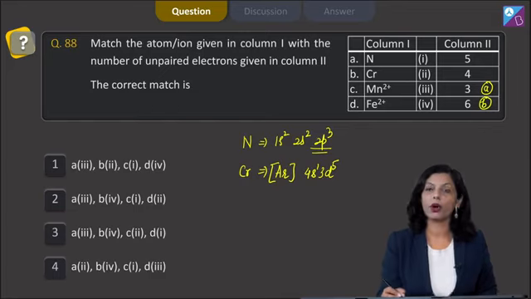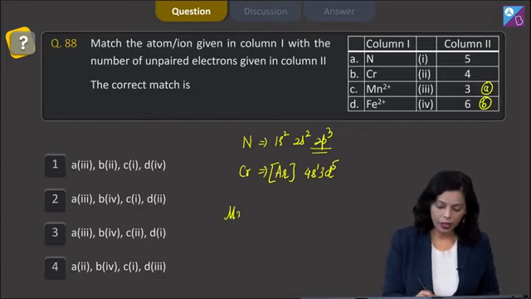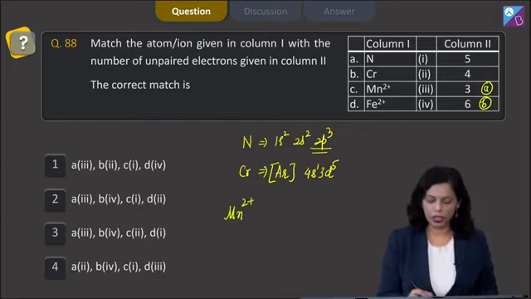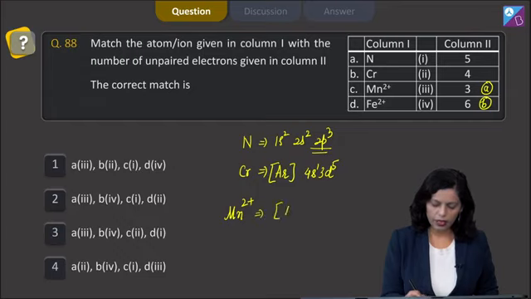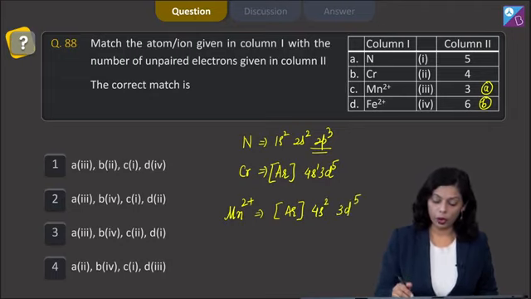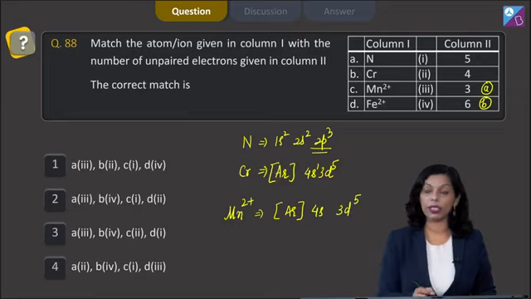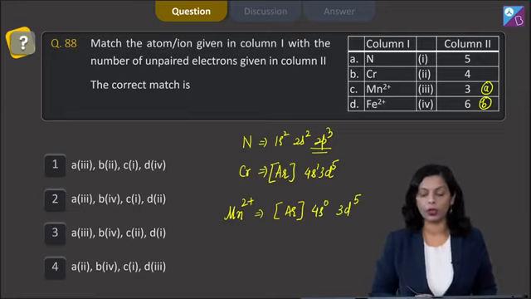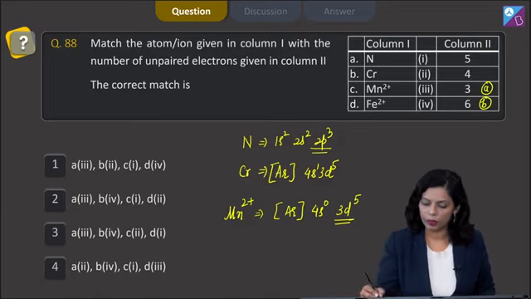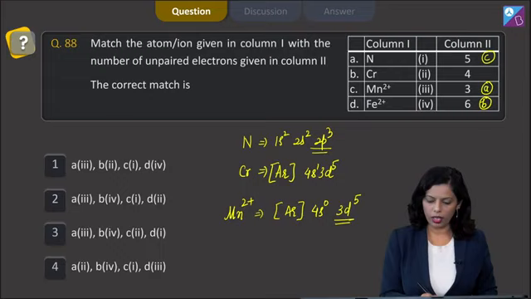Now the turn comes for manganese in the 2+ oxidation state. Manganese would be argon 4s2 3d5, but as it is the Mn2+ ion, it means 4s0, so it has 5 unpaired electrons. That is matched with C. Now the last is Fe in the 2+ state.